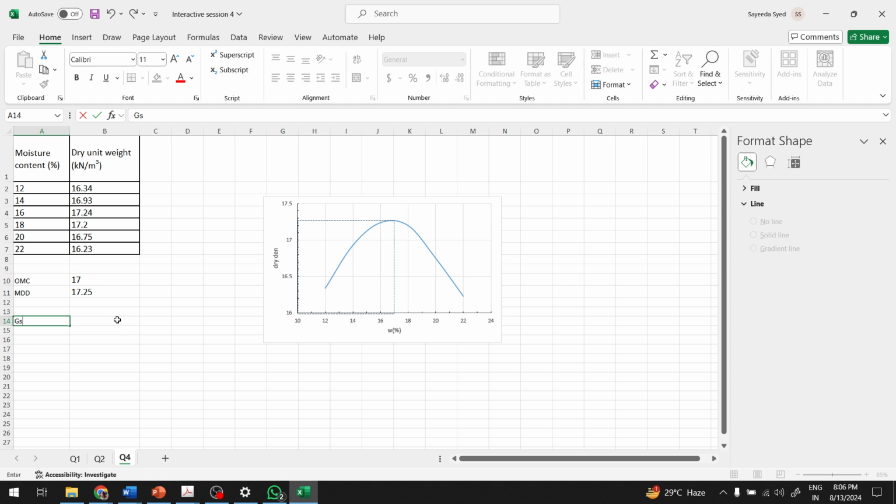Let's do one thing. Let us draw the ZAV line.